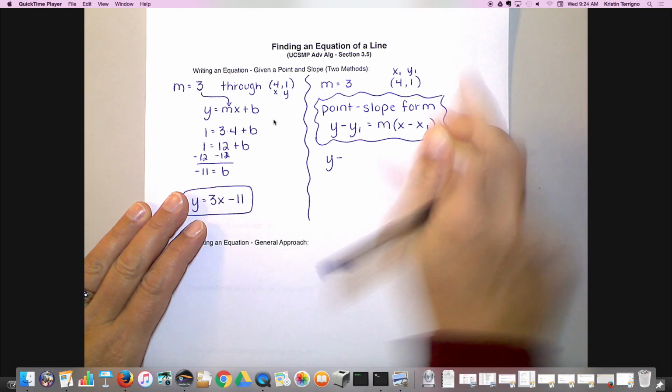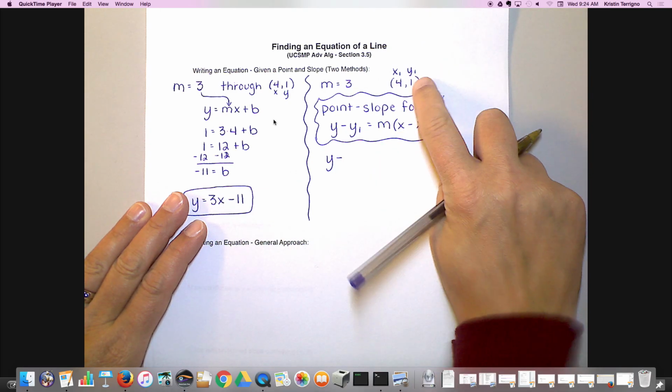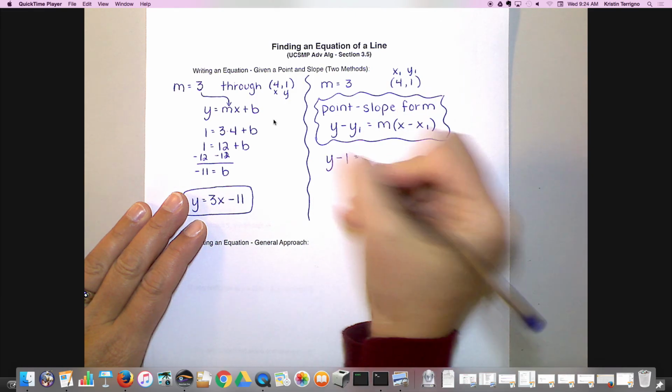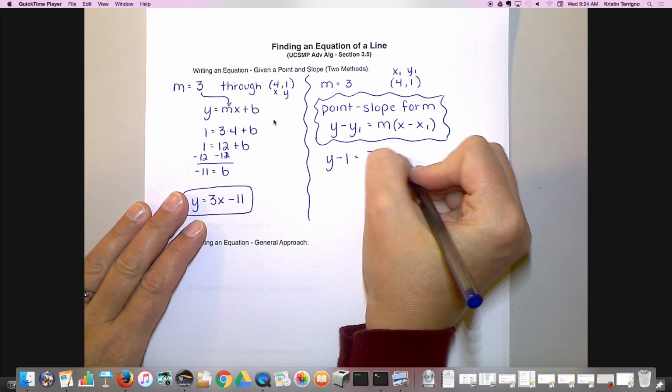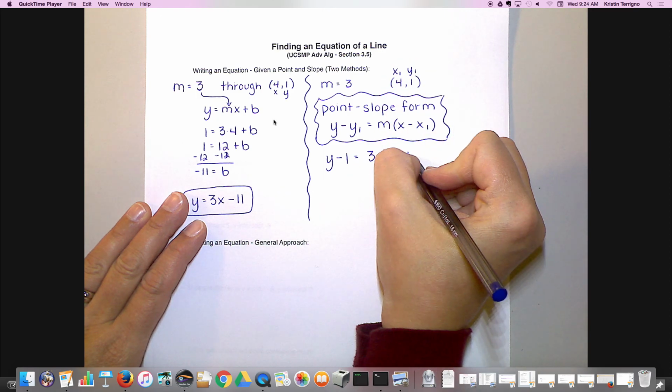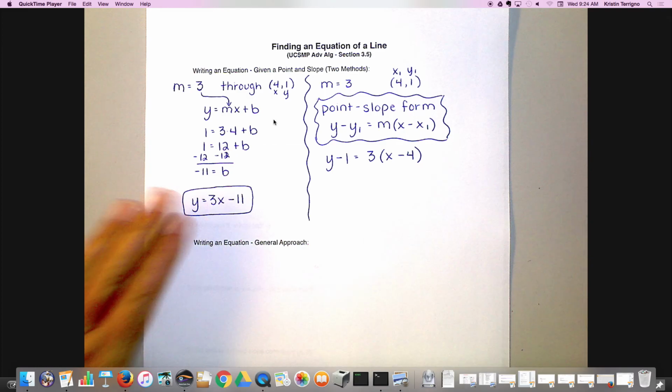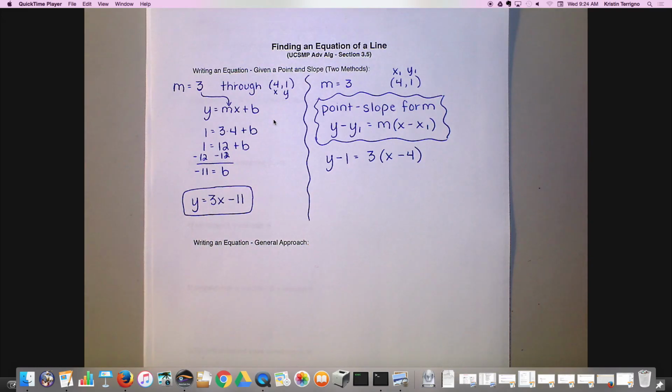Y minus 1, because that's my y1, equals m times x minus x1, which is 4. Everyone okay with where those numbers all came from? Give you a second to catch up on writing. I know I just wrote down a lot there for you.